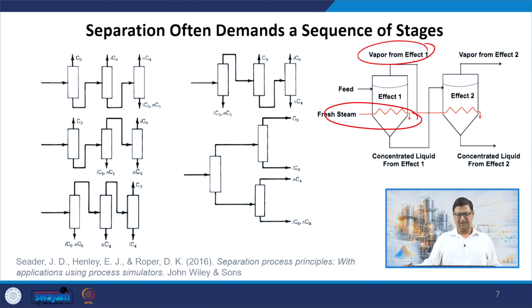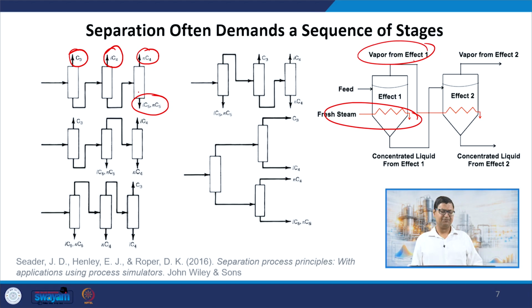In a similar manner, the separation processes in general may be done in a sequence of stages that can be helpful in many ways. One of the ways is, let's say, the mixture contains multiple components. In this case, let's say it contains some C3 product containing 3 carbons, IC4 product containing 4 carbons, NC4 again containing 4 carbons, and then IC5 and NC5 product.